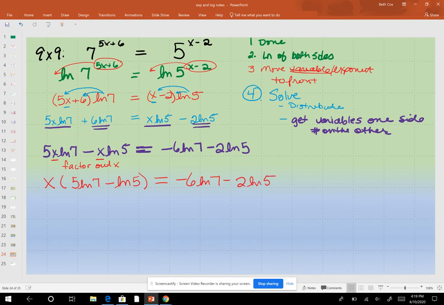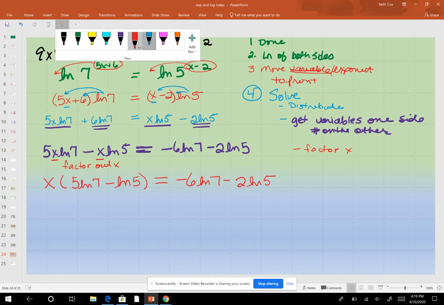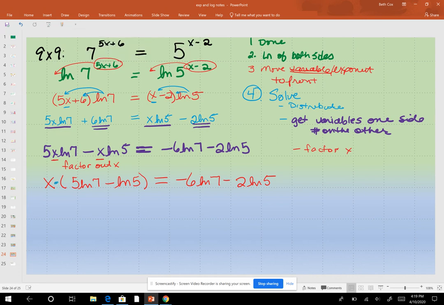Okay, now remember, we are solving for x. So the next thing I need to do to solve for x is to divide, because x is being multiplied by this parentheses. And so I'm going to divide both sides by this big parentheses. And that's it. I'll be done.